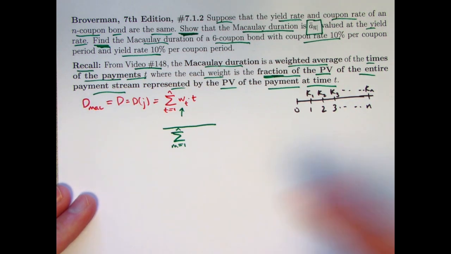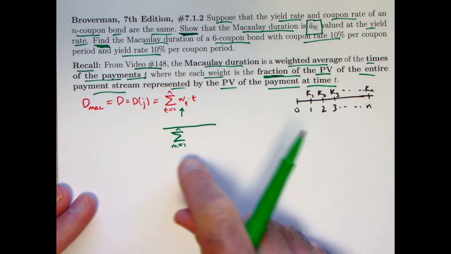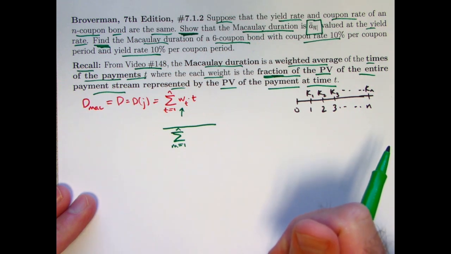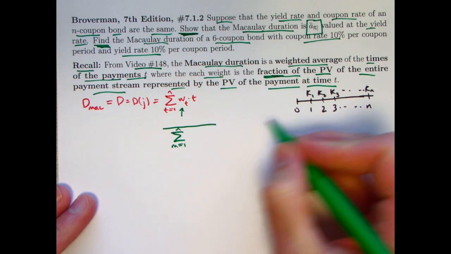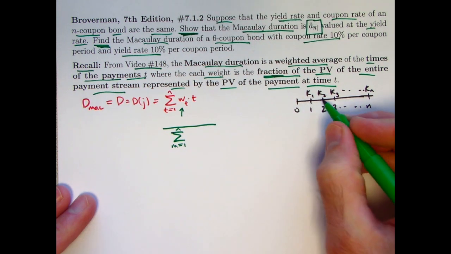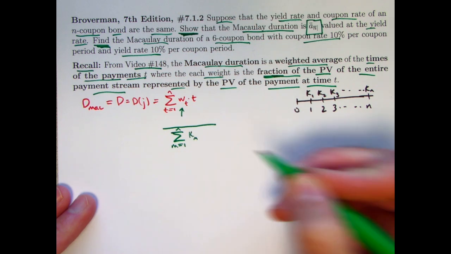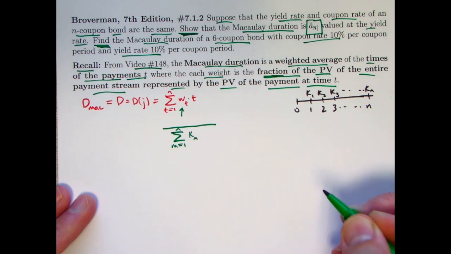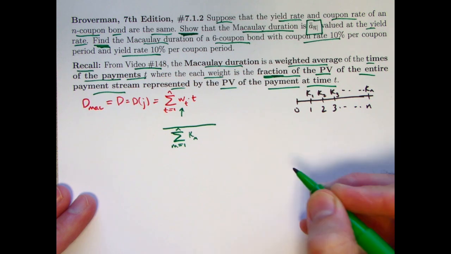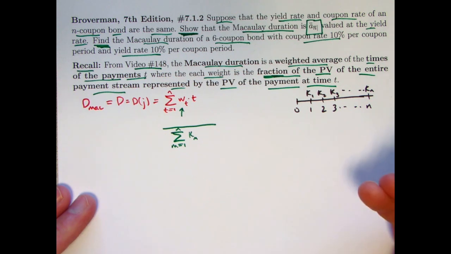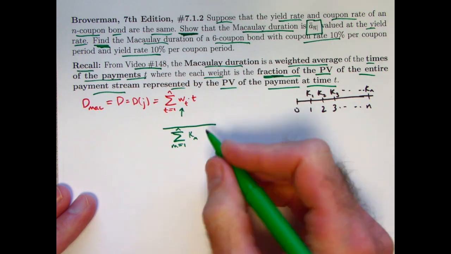Actually, at the end, I will switch back to t, even for this summation, just to be consistent with Broverman's notation. So m goes from 1 to n of what? K sub m would then be your arbitrary payment at time m. That needs to be discounted back to time 0, so I need to multiply by v to the m. I could write v to the m.